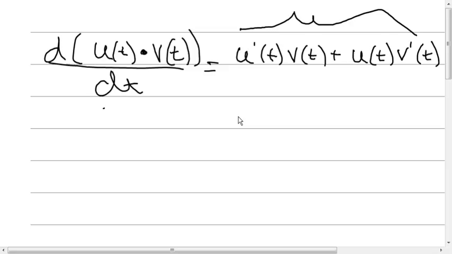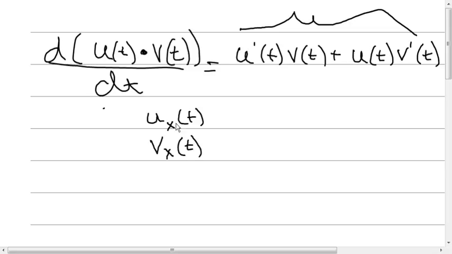And you can convince yourself of that, if you do the dot product here for the x component. Let's say that we have the x component, we'll call it u sub x of t, and the x component of v is just v sub x of t.